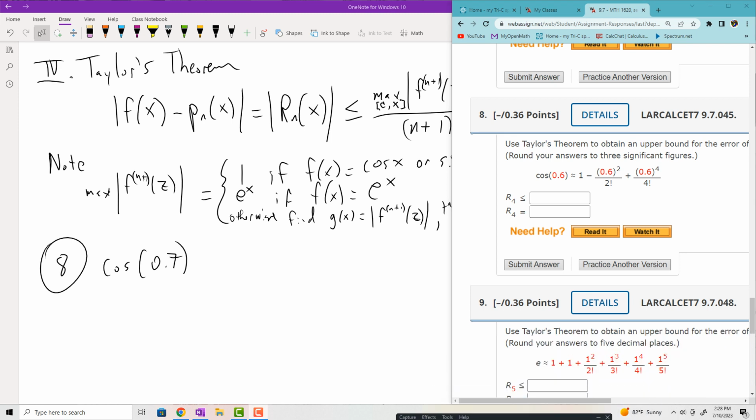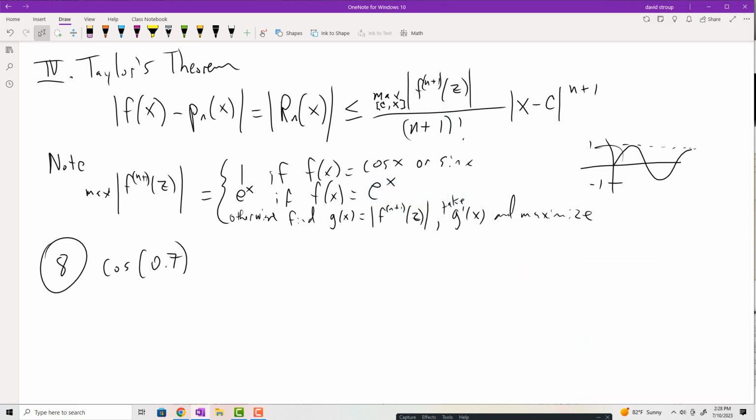So they're basically saying, okay, I'm approximating cosine of 0.7. In this case, their problem is 0.6 with a 4th degree polynomial. Okay, so we have this thing's 1 minus, and if you were to figure out the actual Maclaurin polynomial version, it would be 1 minus x squared over 2 factorial plus x to the 4th all over 4 factorial.